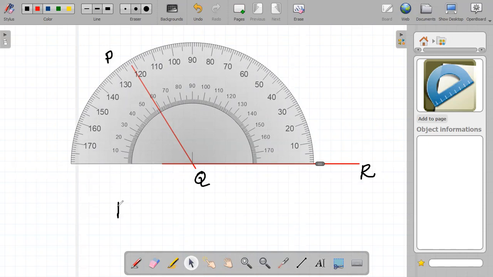The angle PQR equals 122 degrees according to my protractor. You write your angle according to your protractor, right? Have you got your angle like this? Yes. Okay. Now, Shinal, please take your textbook.